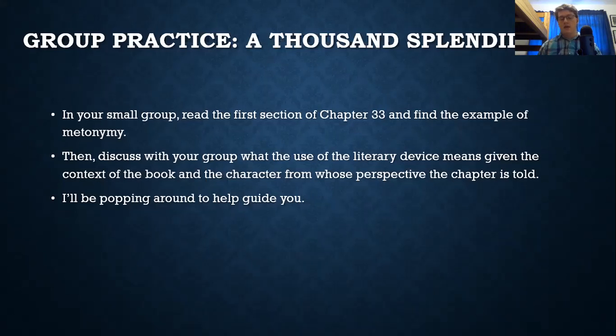And so, yes, the example in A Thousand Splendid Suns comes from this chapter where one of the main characters has just had a baby, and the other main character, Miriam, refers to the baby as a bundle instead of like a baby or a child or something literal. So we're meant to see Miriam referring to the baby as a bundle, as something less than literal. And what it really emphasizes is how Miriam doesn't see the baby as fully valued as human life.